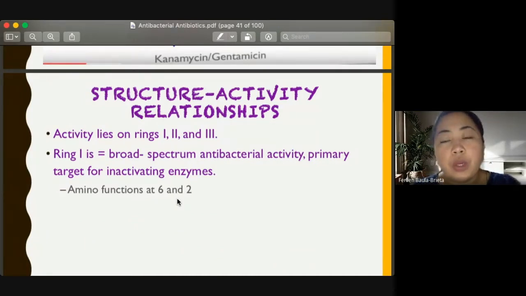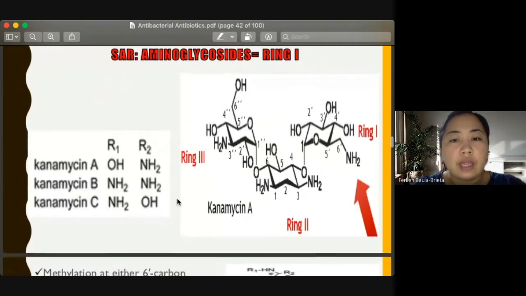So remember, ring 1 is responsible for the antibacterial activity, but also ring 1 is the target of the inactivating enzyme, or yung kalaban, siya yung mismong sword ng ating aminoglycoside, kaya doon din ang target ng ating inactivating enzyme.